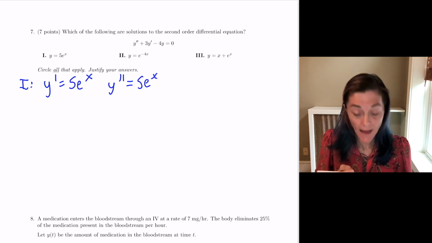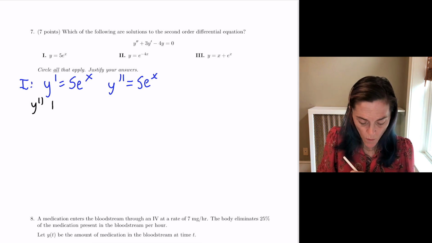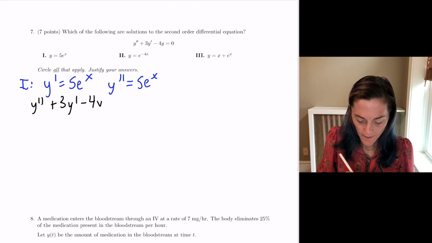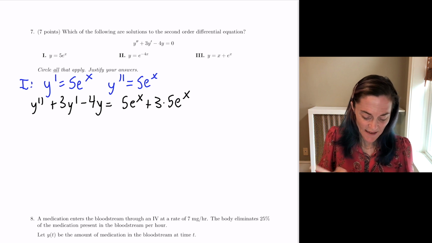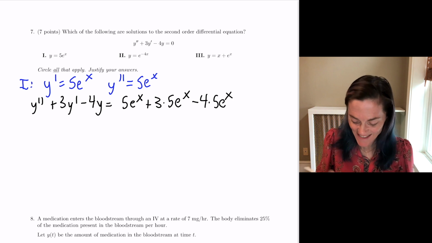Okay, that was kind of fast, but now let's jump into our differential equation. Y double prime plus 3y prime minus 4y equals 5e to the x plus 3 times 5e to the x minus 4 times 5e to the x.